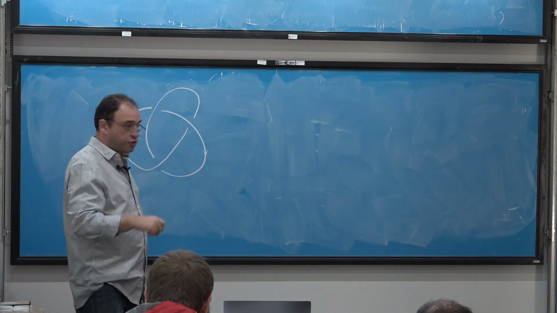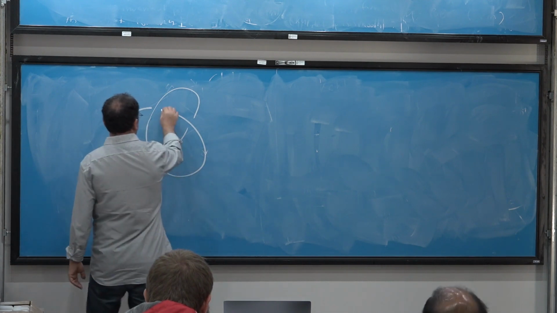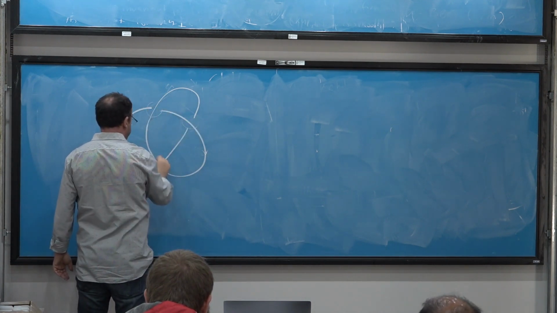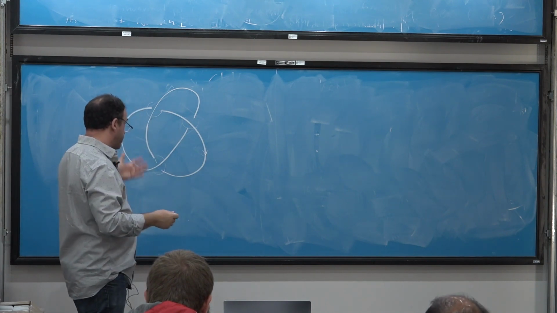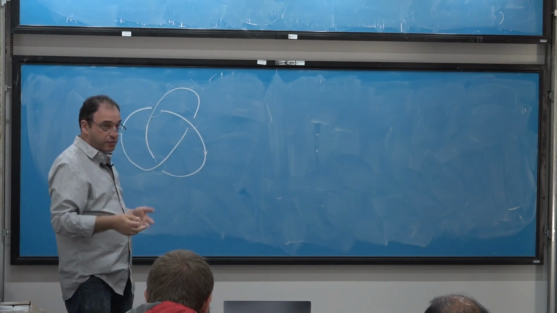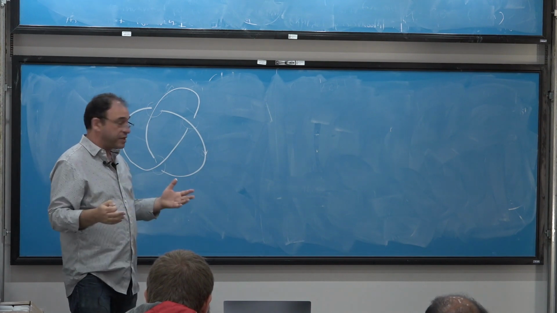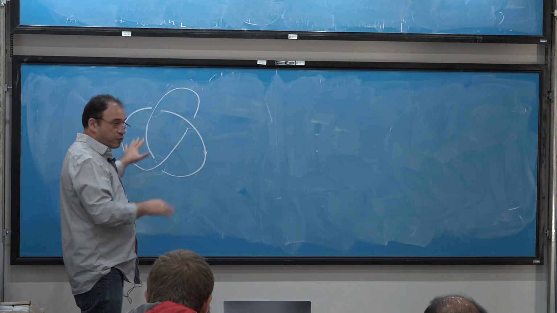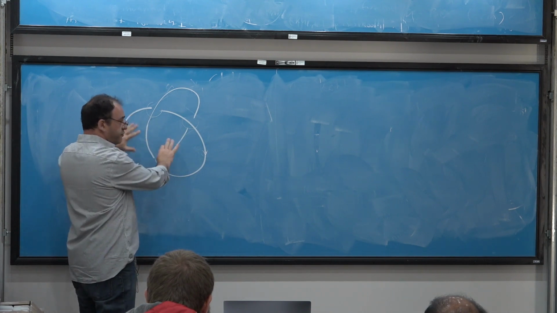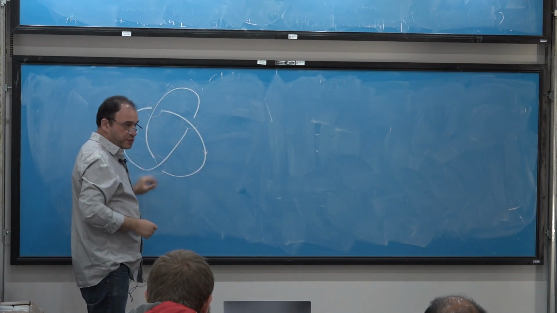They just draw the knot projections indicating the overcrossings and undercrossings. Knot projections can be considered modulo some moves, which are just continuous, smooth deformations of these projections.